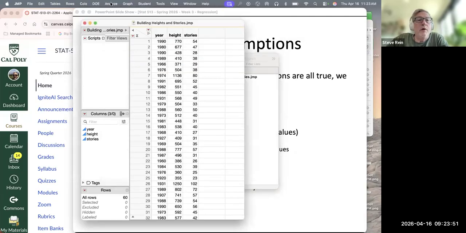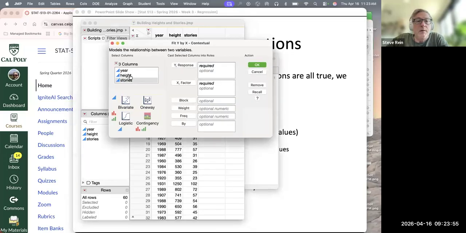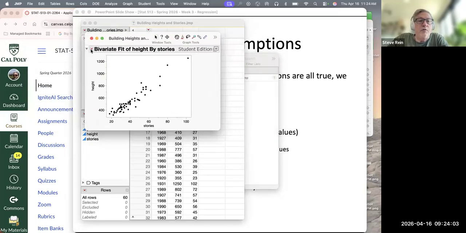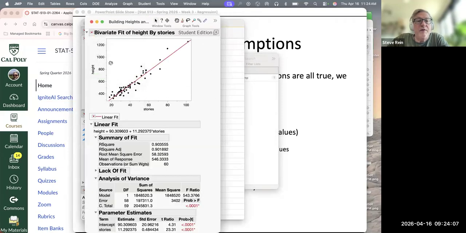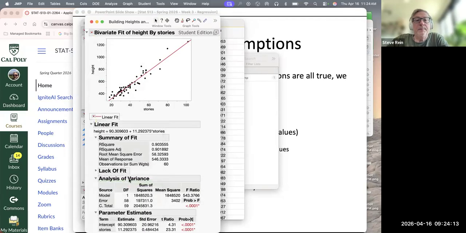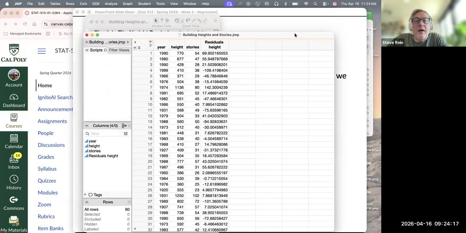Like before, we're going to do our analyze fit y by x. The height of the building we predict would be dependent on the number of floors. We see a trend line that we could then draw in, fit line. And with that fitted line, with the linear fit, we could choose to save those residuals. Okay, so I chose to save the residuals here, no problem.